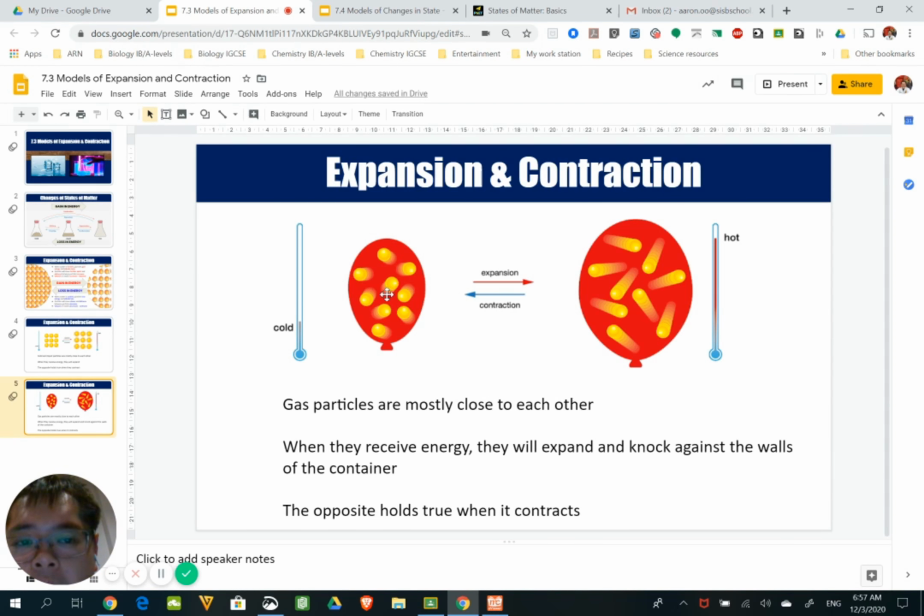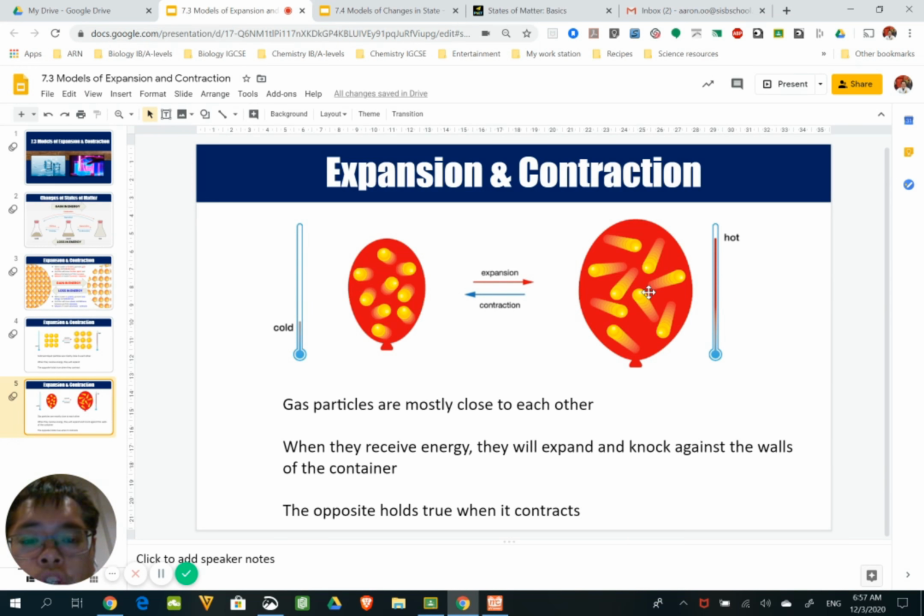Once they knock against the walls of the container, they will gain more energy. And they gain more energy, and therefore they will expand. But remember, for the gases here, there will be a limit and there will be a point of breaking. So when it breaks, it will burst basically. And of course, your gas particles are released. Now, the reason why balloons burst is because all the gas particles here have already received energy.